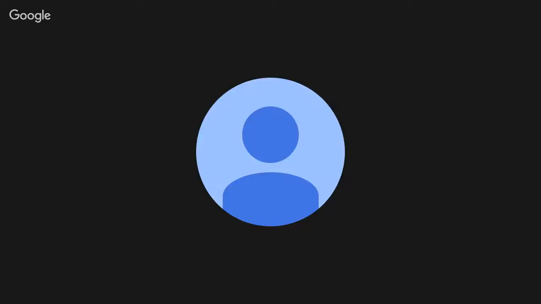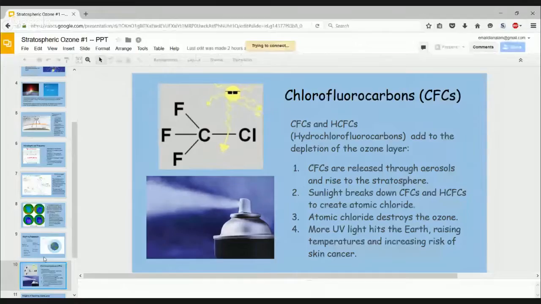And sunlight breaks these CFCs and HCFCs down to create atomic chlorine, otherwise known as Cl. So to explain this in simpler forms, Cl will combine with O3 to form ClO and O2. Then this becomes Cl and O2. So the ozone, O3, is broken down to form oxygen.